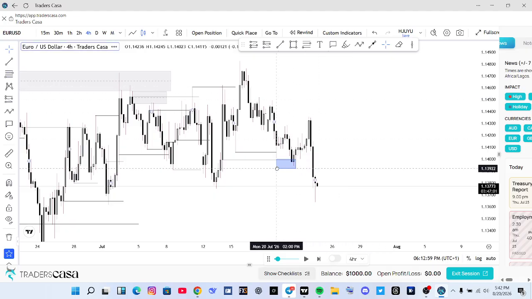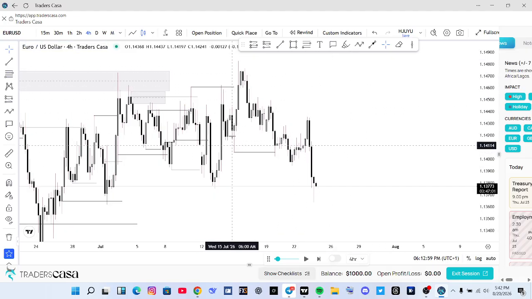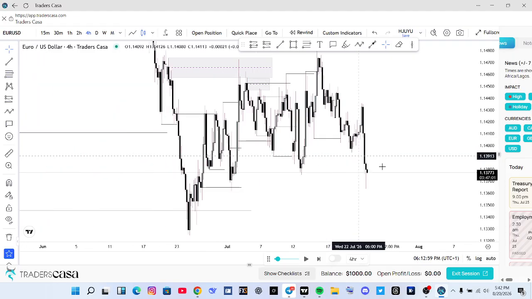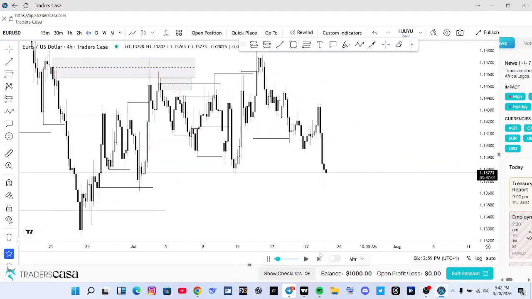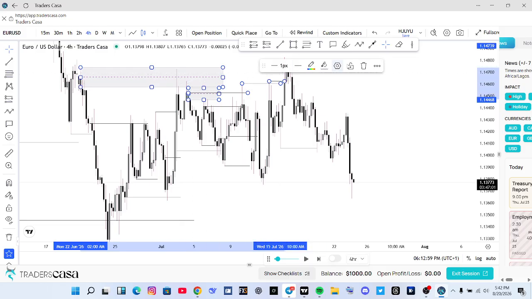So now look, this is a break here and this another break here. So we haven't taken any trade yet based on the fact that we are not able to get a precise direction on the market.